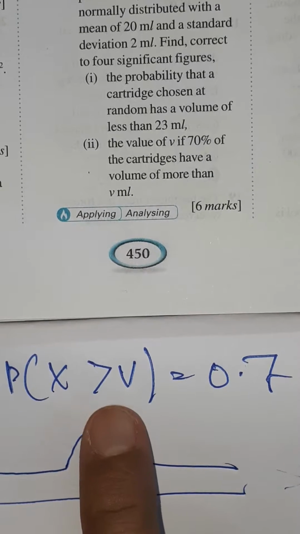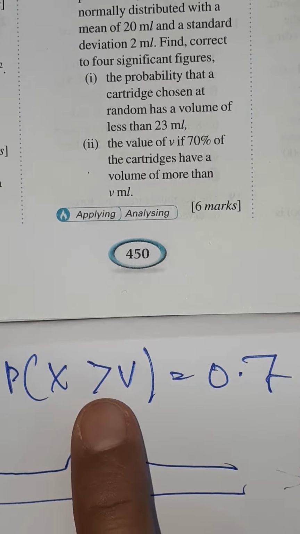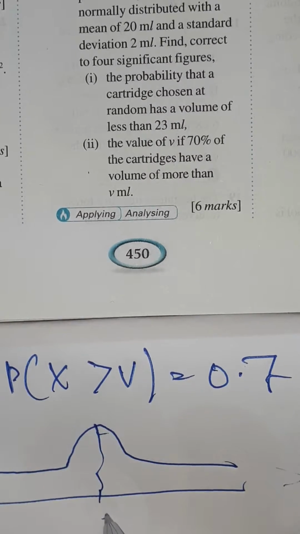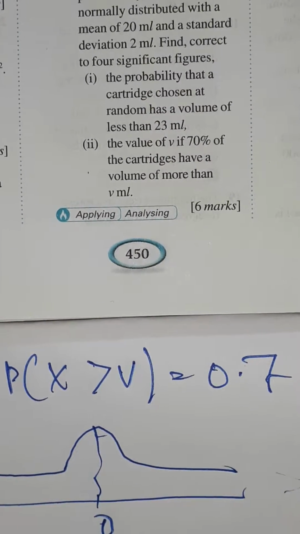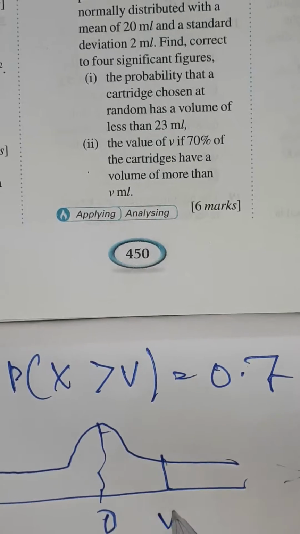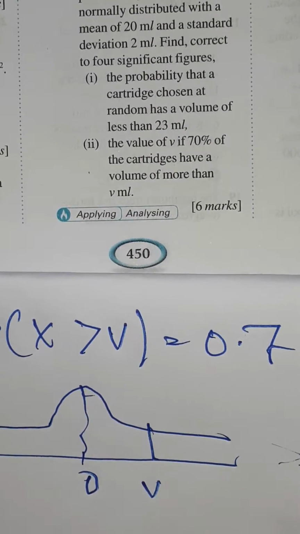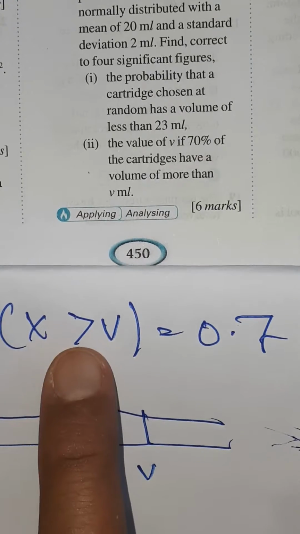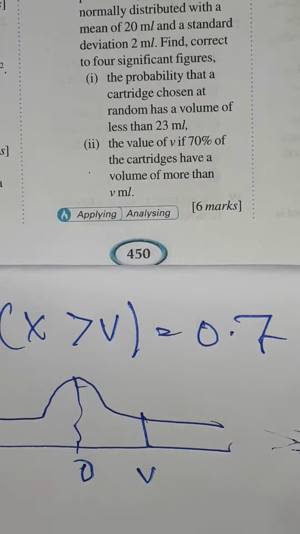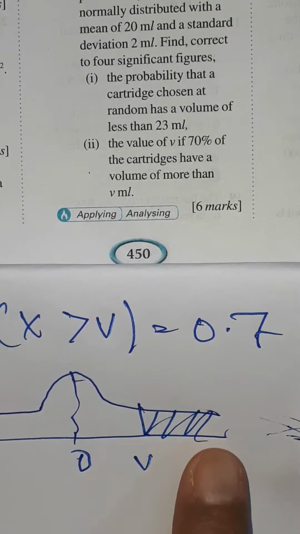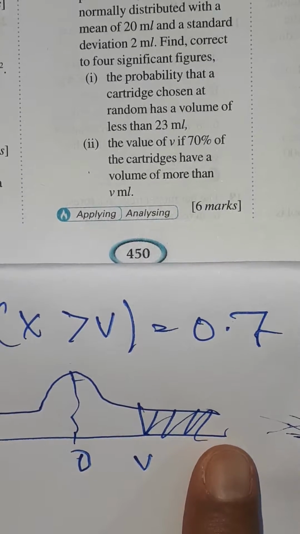So you have to find a value of Z when it's more than V. In the middle here is 0, but let's say V is here. Because it says larger, we have to shade on the right side. Is it logical that this area will be 0.7?